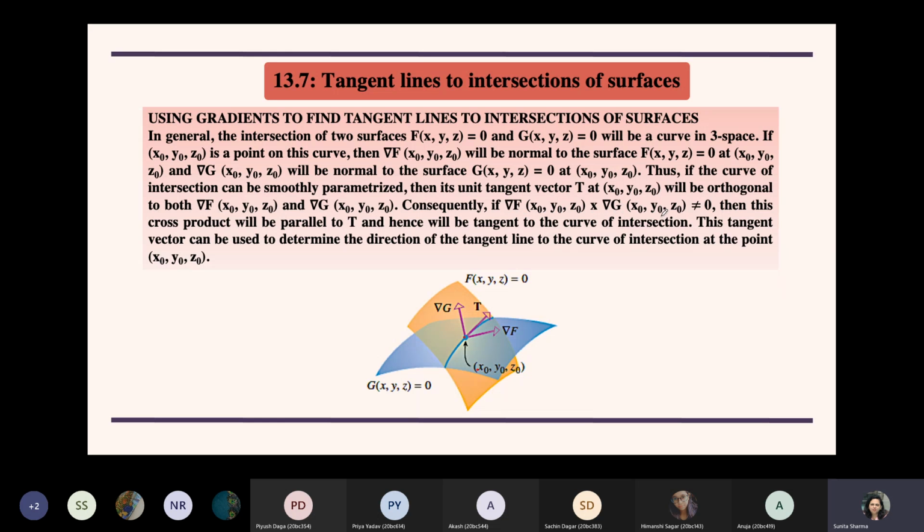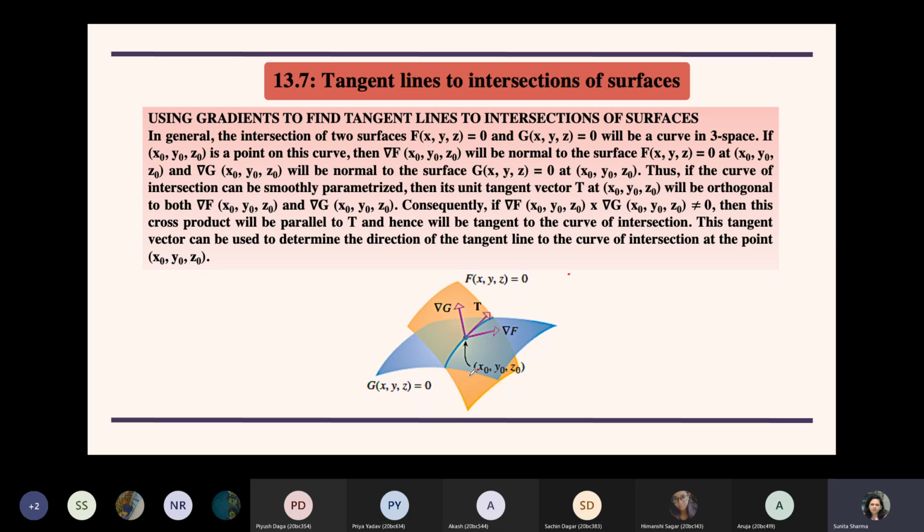So if my cross product is not 0, then the direction of the cross product is going to give the direction of the tangent line. And in order to find the equation of the tangent line, what I have to do is just take the specific point and add it to t times the direction of the tangent line. Just go through this part and see if it is clear to all.